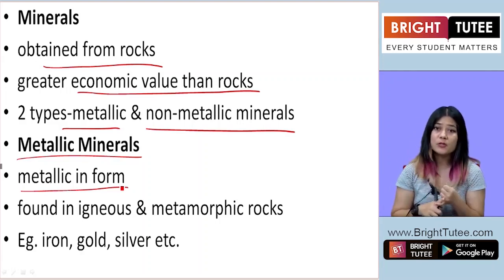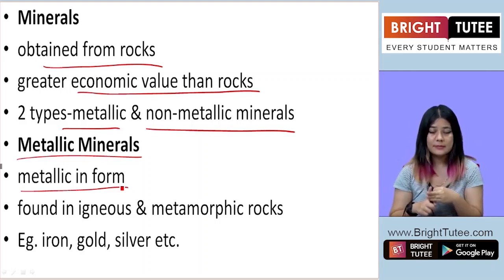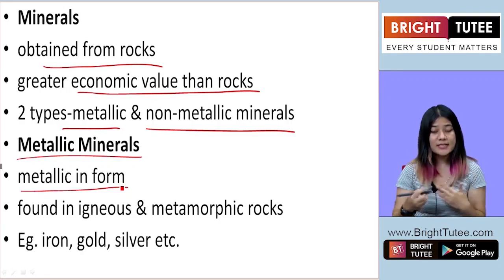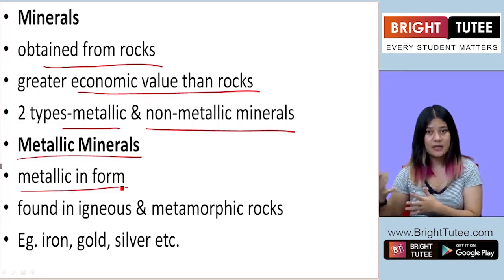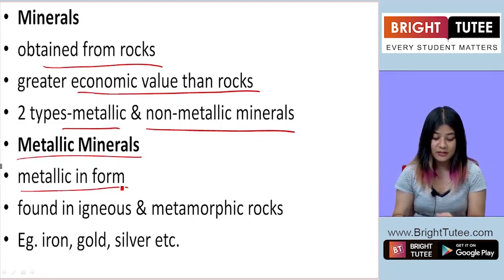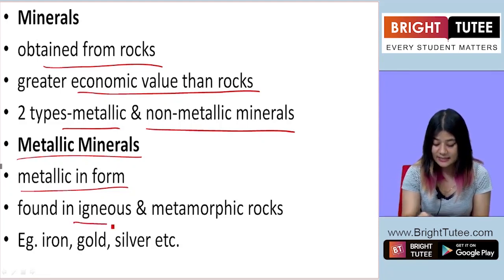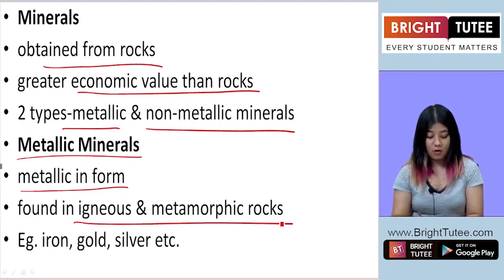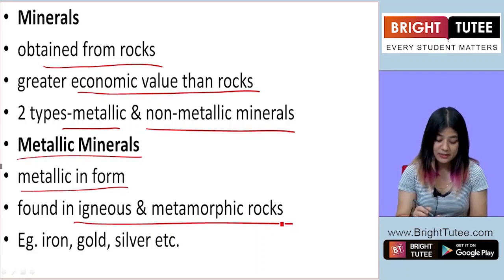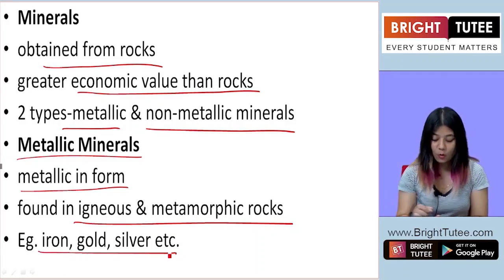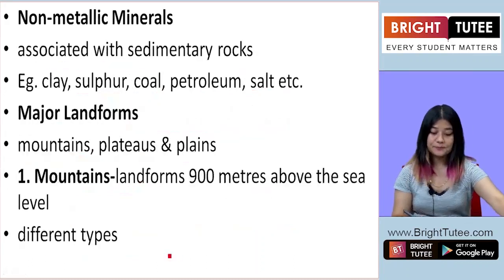We think of gold, silver, platinum, etc. So, metallic minerals are metallic in form. These minerals are found in igneous and metamorphic rocks. Some examples of metallic minerals are iron, gold, silver, etc.